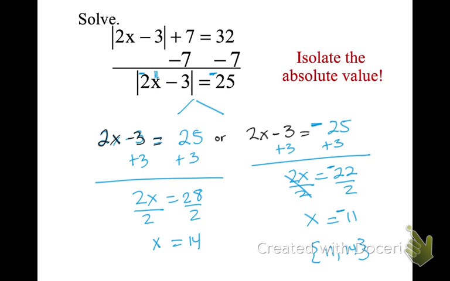Minus 3 is negative 25. And then we have 2 times positive 14, that is 28, minus 3 is 25. Check, that works. We had to make sure it worked for the positive and the negative.